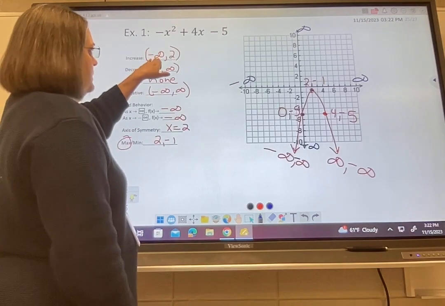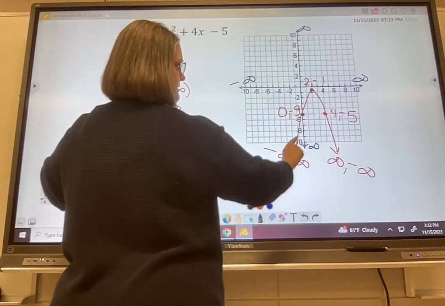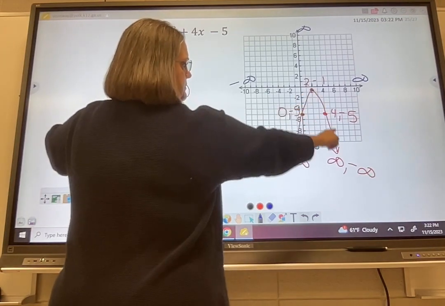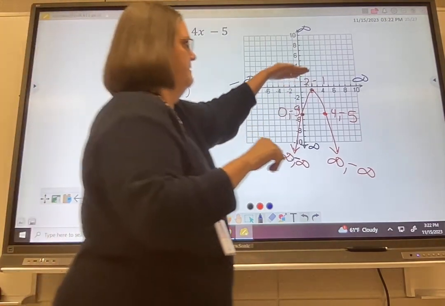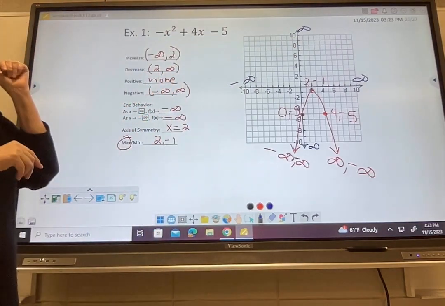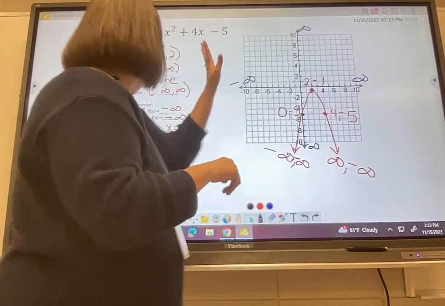Okay, so increase is going from negative infinity to 2. This graph is increasing all the way till we get here. Then it starts decreasing from 2 to infinity. This graph does not go above the x-axis, so none of it is positive. All of it is negative. So from negative infinity to infinity, it's all negative.